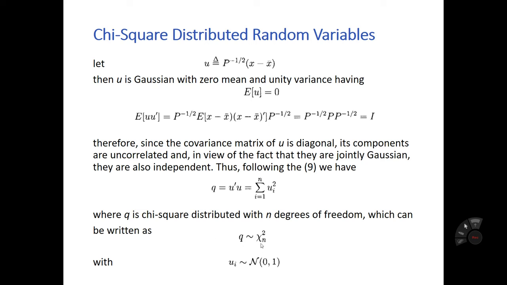This sign is known as chi. So we can say another notation is chi-square. The q is chi-square with zero mean and unity variance. Here we derived zero mean and unity variance.